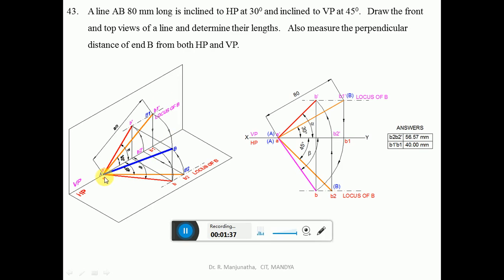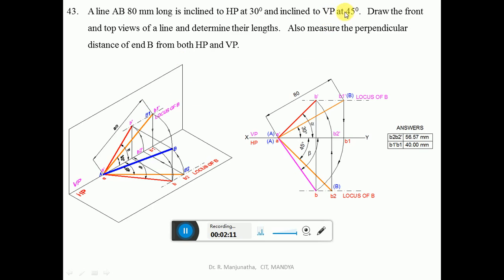So with A dash as center, draw a line inclined at 30 degrees to HP for 80 mm length, and mark this point as B1 dash, and draw the locus of B, the dashed line. And since this is the true length, it is capital A and capital B1.